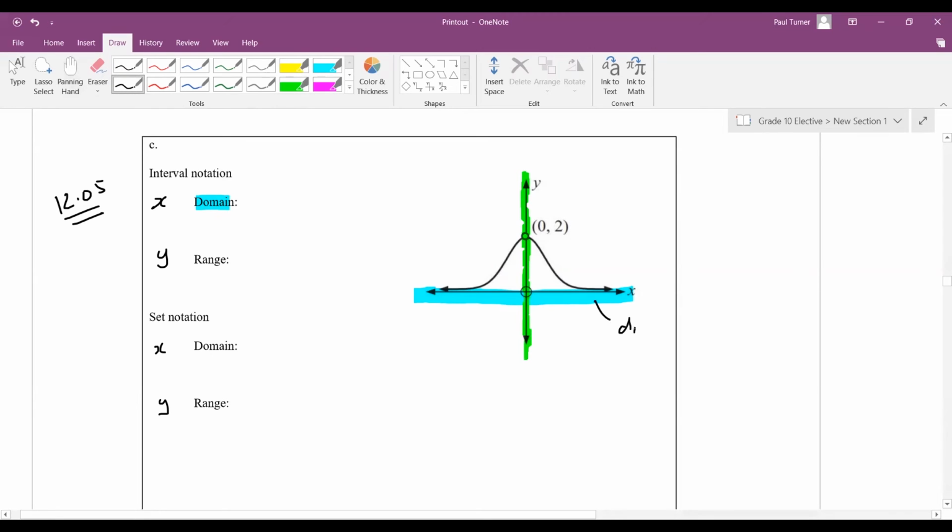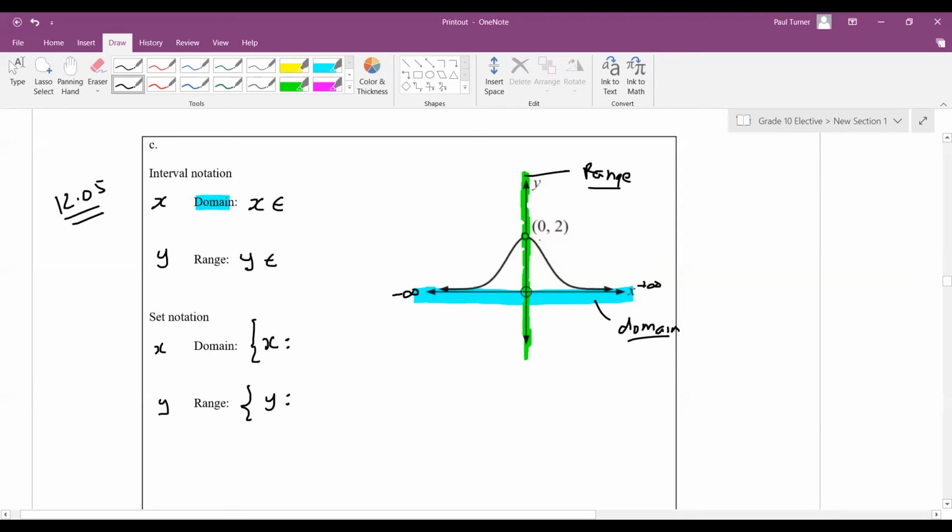The domain. And the green is the range, refers to the range. So for your domain, you can see your graph exists everywhere from minus infinity all the way to infinity.